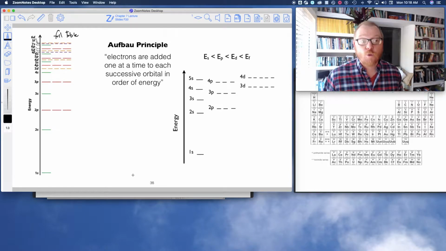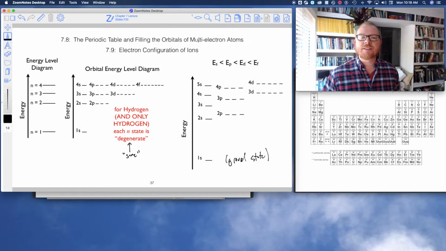Recall that last time I described that because of all of this electron interference and what we'll later call shielding, the levels split. So 2s and 2p are only the same for hydrogen, but not for anything else.